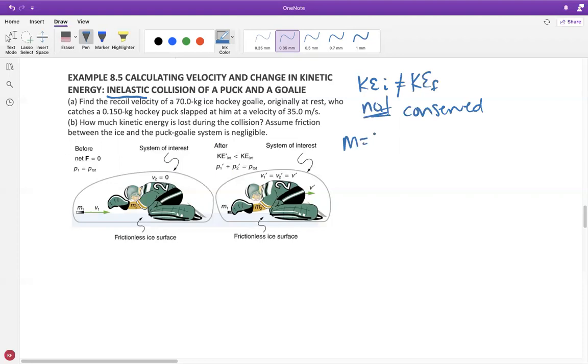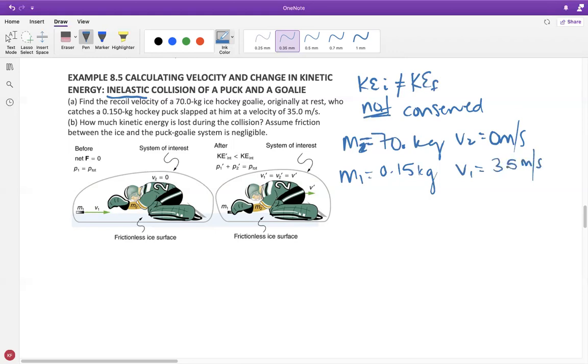Now, we want to find the recoil velocity of a 70 kilogram ice hockey goalie. So our mass M2 is 70 kilograms, who is originally at rest, so our V2 is 0. And he catches a hockey puck with a mass M1 equals 0.15 kilograms that has been slapped at him at a velocity V1 of 35 meters per second.